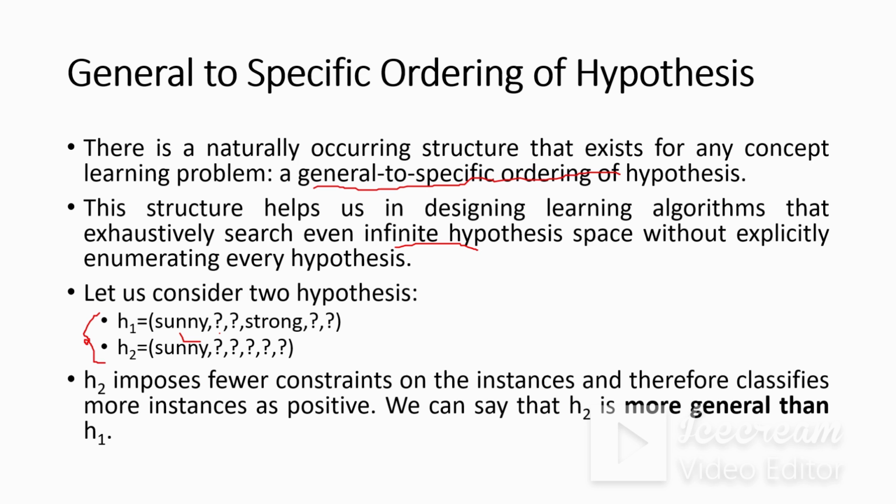If you look at both of them very closely, H2 imposes fewer constraints on the instances and therefore classifies more instances as positive in comparison to H1. So we can say that H2 is more general than H1. Now we need to give a proper definition for this more general than.